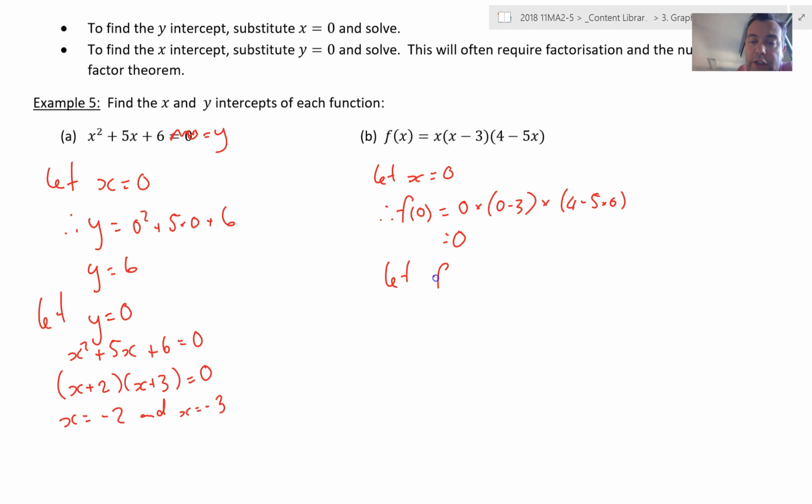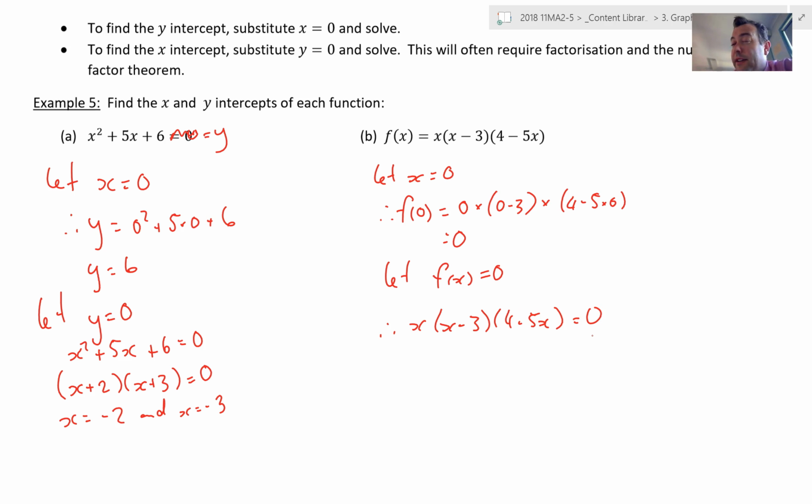Now we're going to let function of x equal 0. Okay, we're going to see what happens. It's like y equals 0. Therefore, I have x times x minus 3 times 4 minus 5x equals 0.